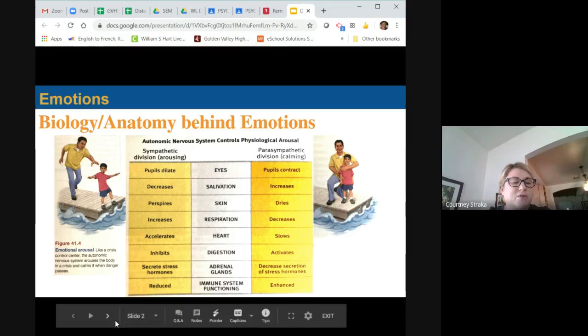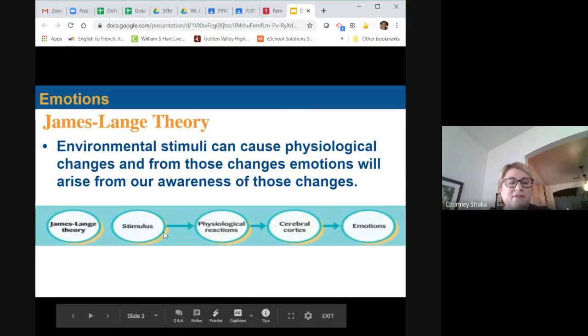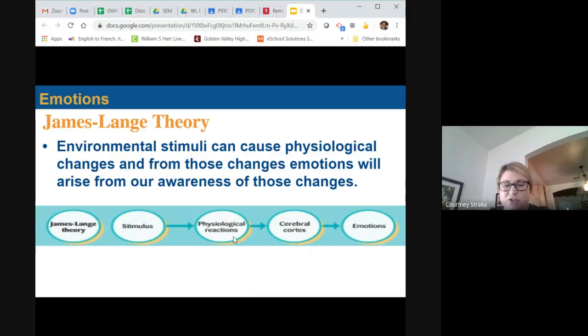So in this theory, something causes your body to react. That's the physiological reaction. Once your body starts to react, that signals your brain to say, wait a minute, what is happening in the body? It identifies that there are changes in the body, and depending on what those changes are, your body recognizes an emotion.